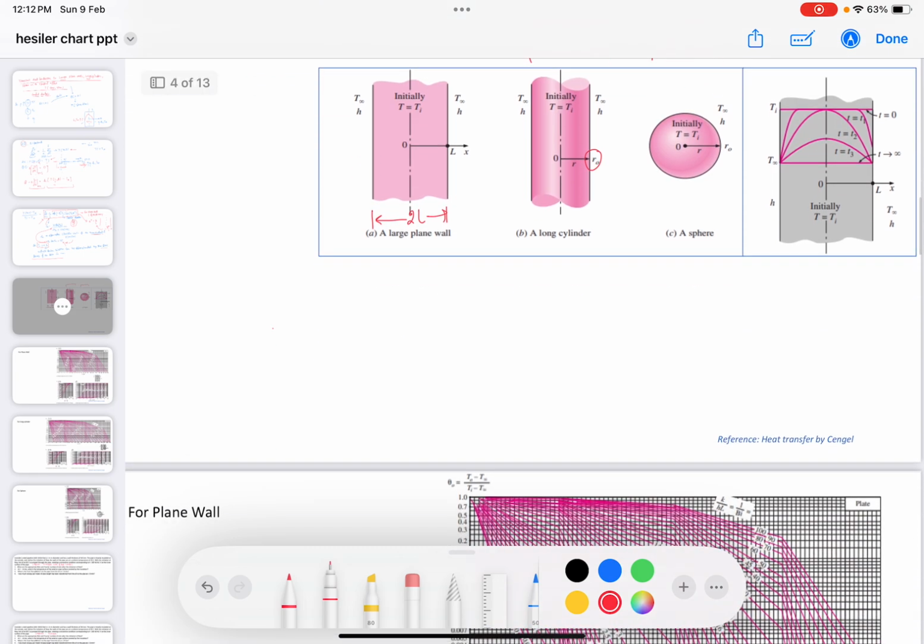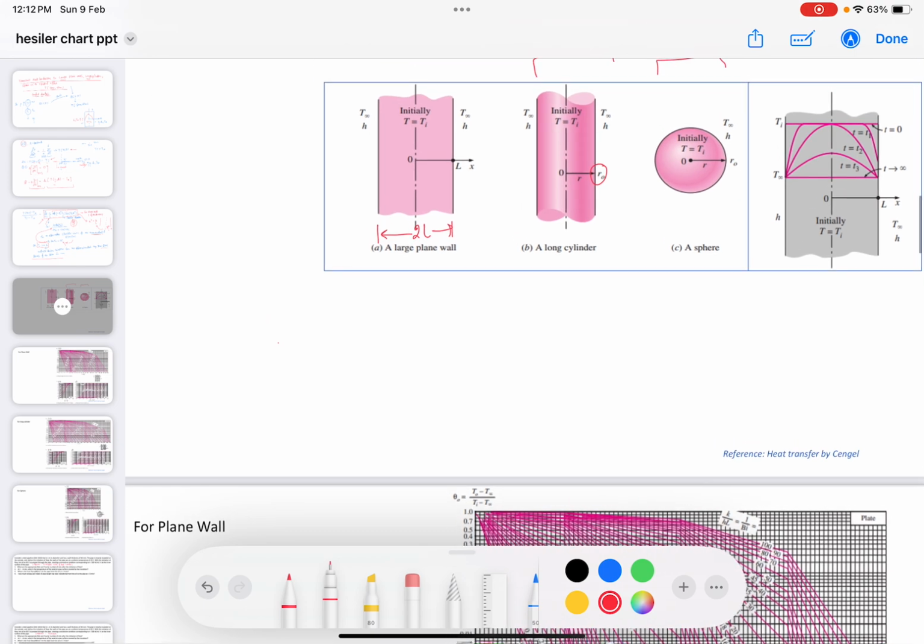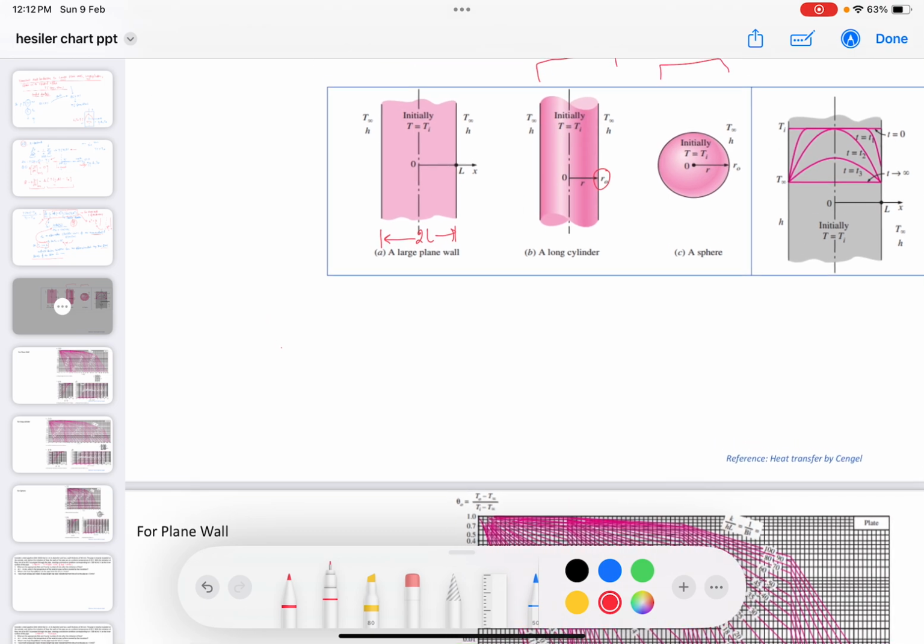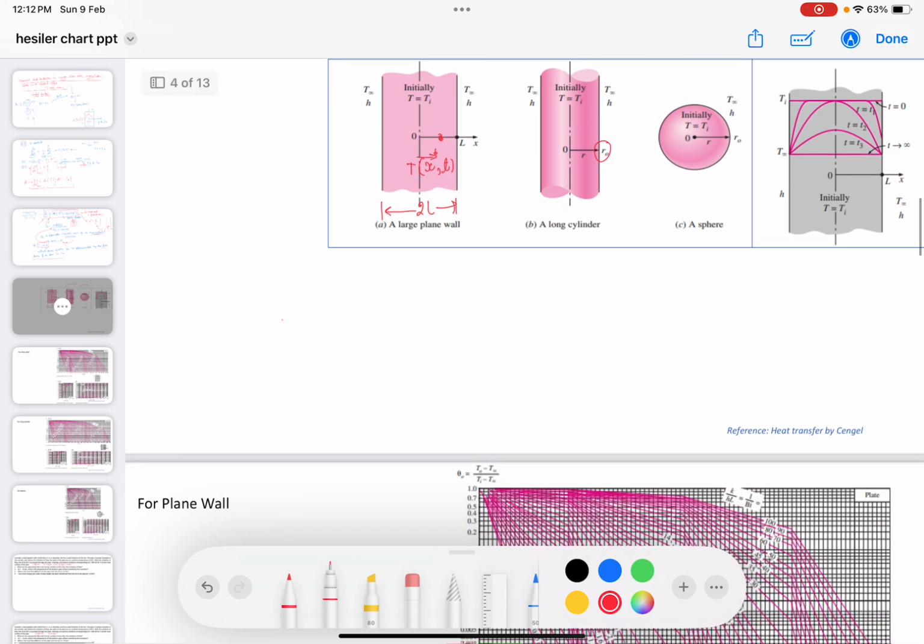So for the plane wall, if we want to find the temperature at any particular location x at time t, then what is the temperature at this location? So this is plotted in the literature as a non-dimensional temperature.